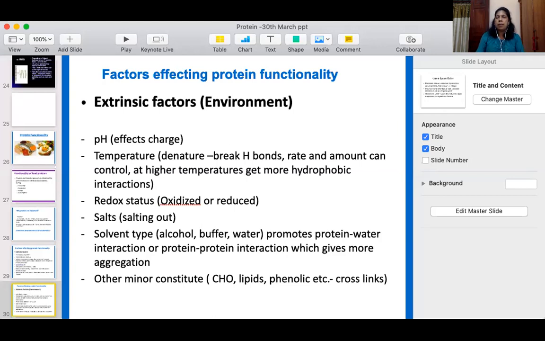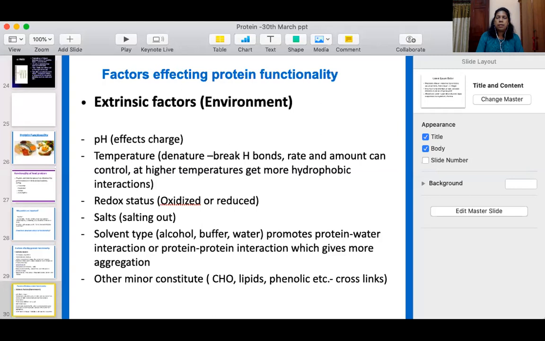Therefore the protein can join those things through hydrogen bonding or other linkages, right? Therefore, the other minor constituents available in the protein, not the ones we add from outside, will change the structure or the function of the protein.